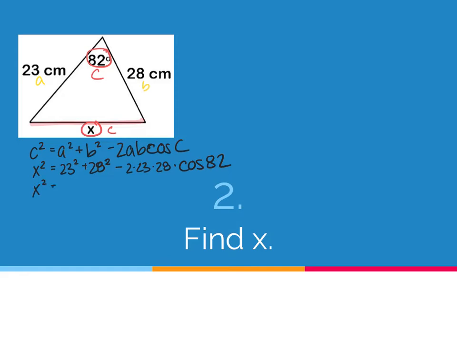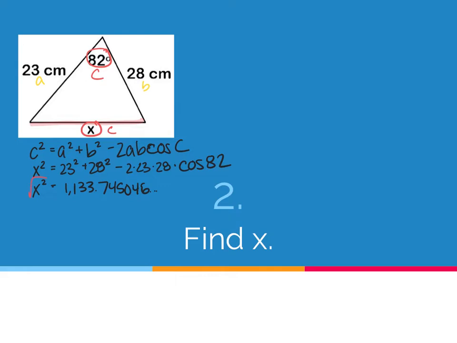Go ahead and put this in your calculator. 23 squared plus 28 squared minus 2 times 23 times 28 times the cosine of 82. And I get 1,133.745046. Your calculator rounds. We are not going to round to the very, very end. So leave this number in your calculator.